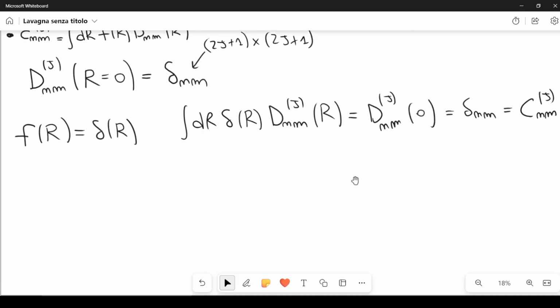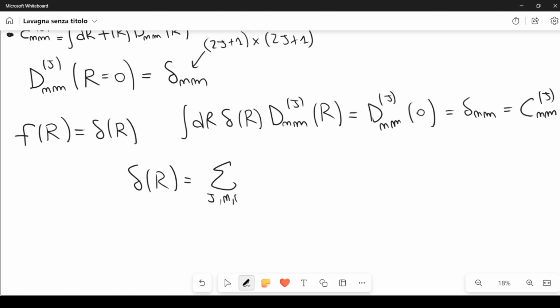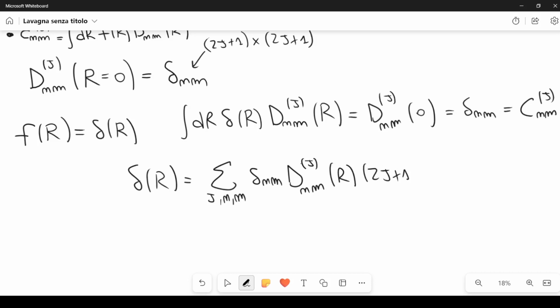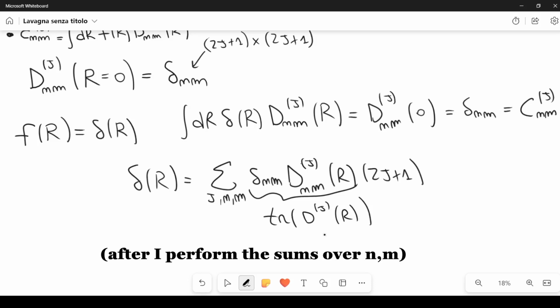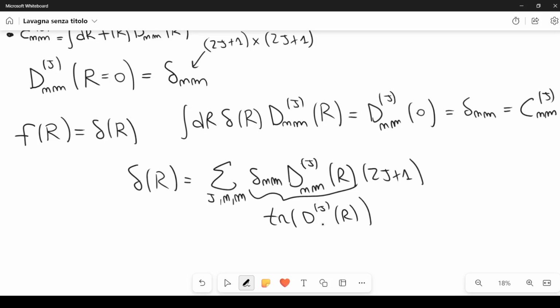So I have an expansion for the Dirac delta that depends on a group. So delta of R is equal to a sum over j, over n, over m, of delta nm, D^j_nm of R, times 2j plus 1. But now I can also rewrite this as the trace of D^j of R. When I think of D^j of R, I am simply omitting these two indices, and I'm using matrix notation where the two indices are hidden, and I can take the trace over these two indices.